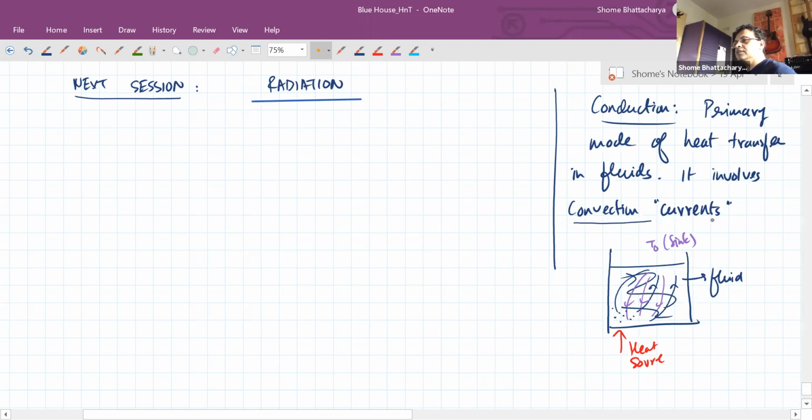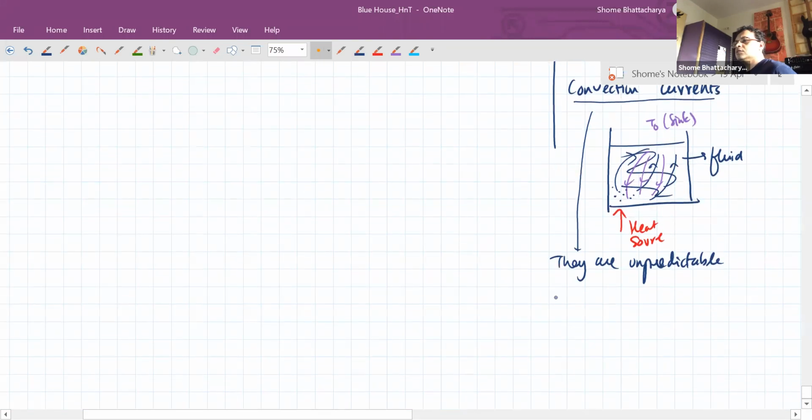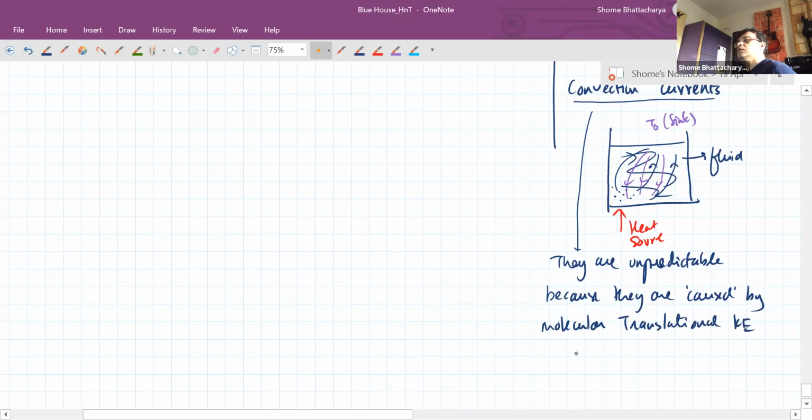Now these convection currents are unpredictable, and they cannot be described by equations. They are unpredictable because they are caused by molecular translational kinetic energy gained from a heat source.